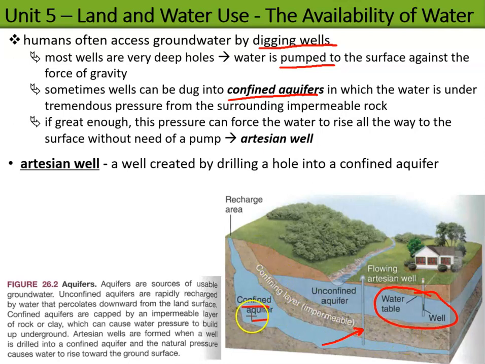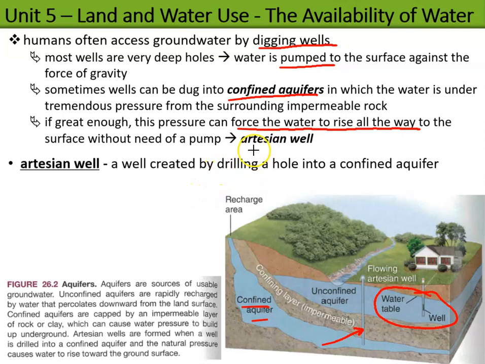It's pushing down with tremendous pressure, gravity on that water that's down in the aquifer, and there are very few outlets for that water. So it's kind of like a release valve is created when you dig a well down into the confined aquifer. And what can happen is the pressure in the confined aquifer can be so great that it can force the water to rise all the way to the surface without needing a pump.